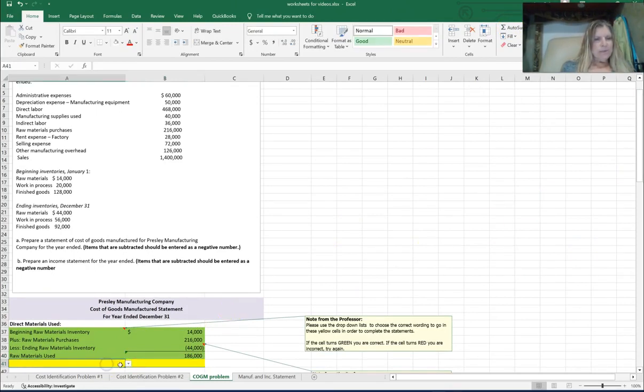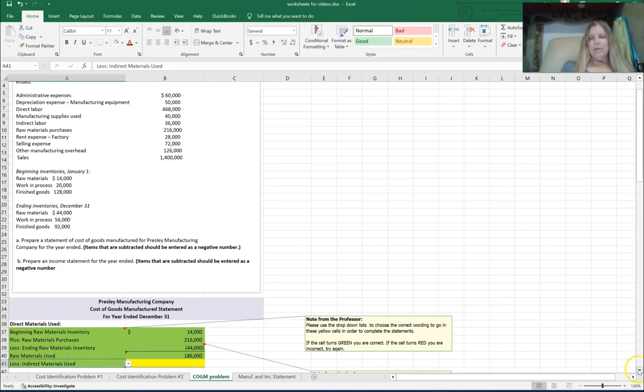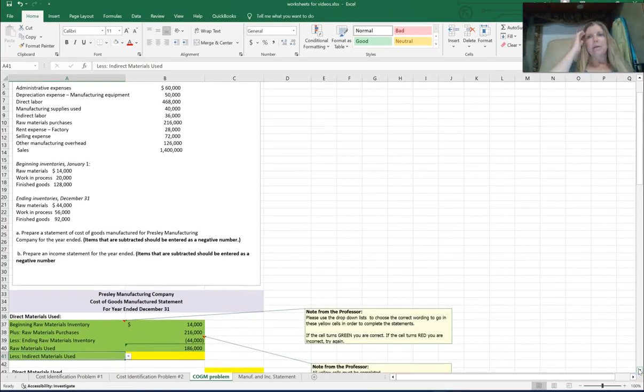And then sometimes there's indirect materials, so we'll have to subtract out any indirect materials if there are any. So remember, there's direct materials that we put directly into direct materials, but this is just the raw materials.